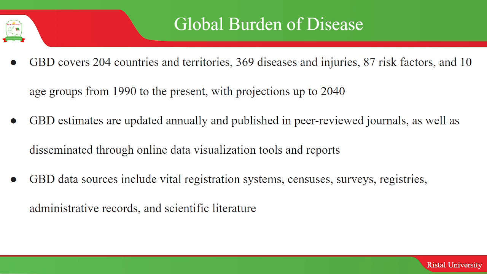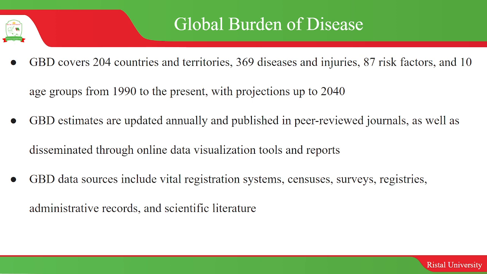Of course, they did not start with the 369 diseases that are being recorded. They started with fewer, but now there is also incorporation of injuries and then risk factors. And then there are also issues to do with comparison with age, and then comparison with sex.